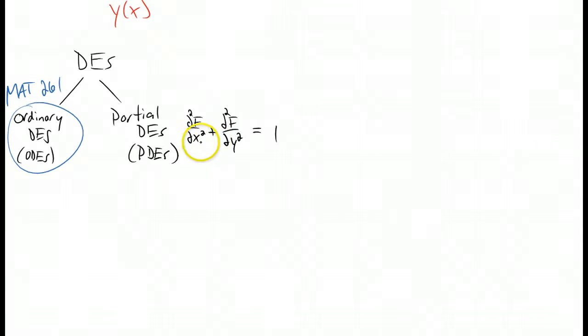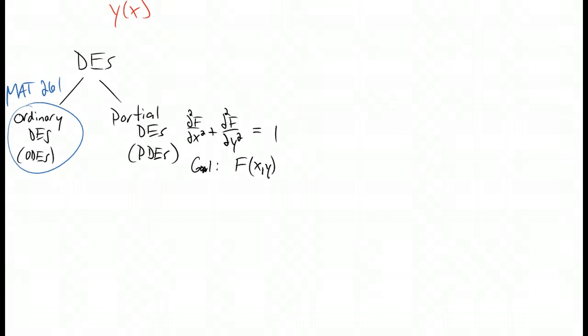So this right here would be a partial differential equation. You have a derivative with respect to x, derivative with respect to y, and these are actually second order derivatives. And the goal would be to find the dependent variable in terms of the independent variables. So you're looking for a function of x and y in this example.